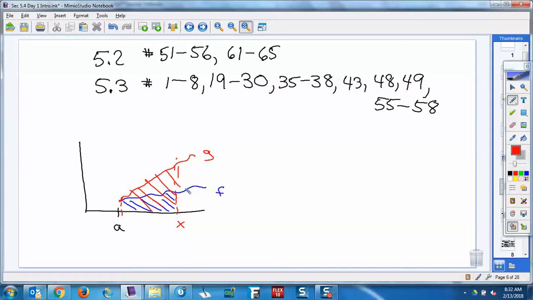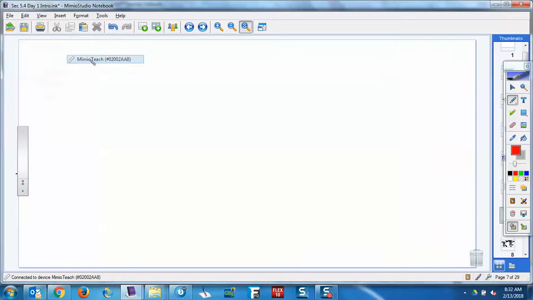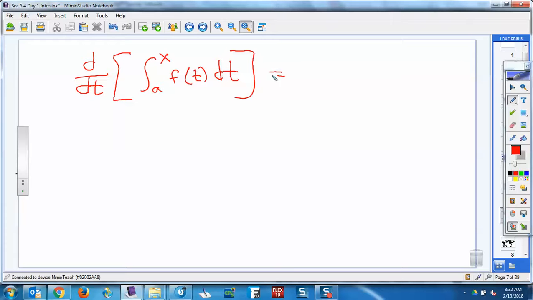Okay, 5.3, 48. What 48 is about is it says that the derivative, and here's their notation, the derivative of the integral from a to x of little f of t dt is not equal to the integral from a to x of the derivative d/dt of little f of t dt.